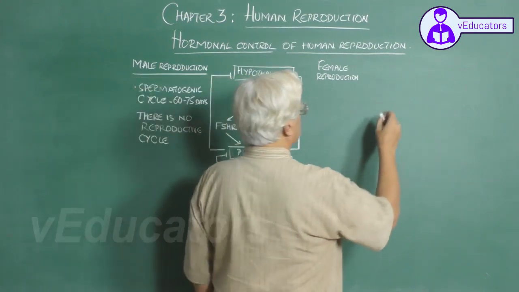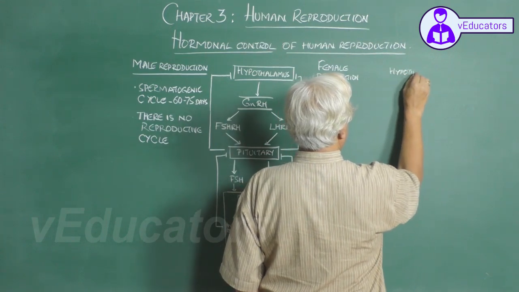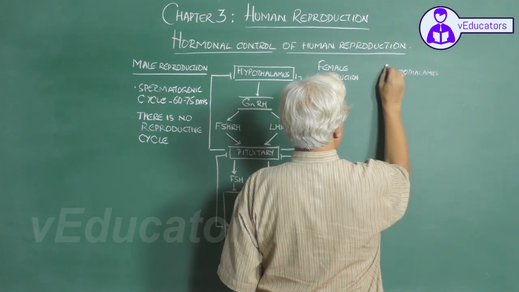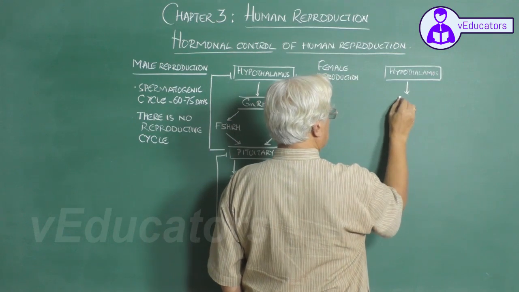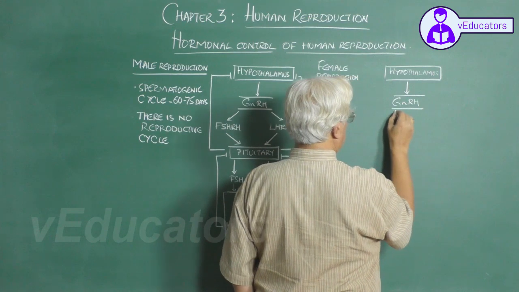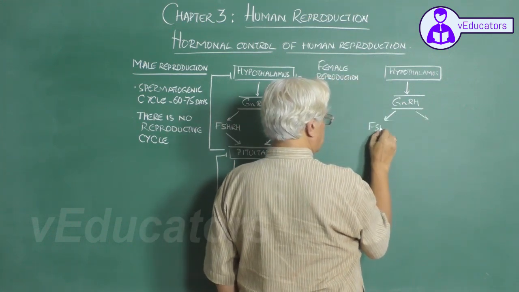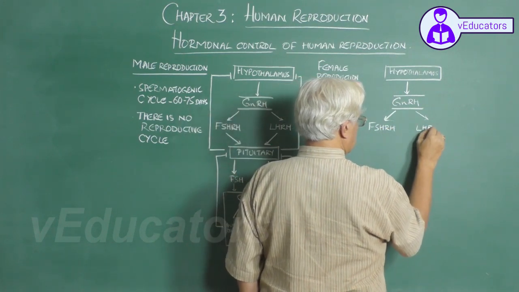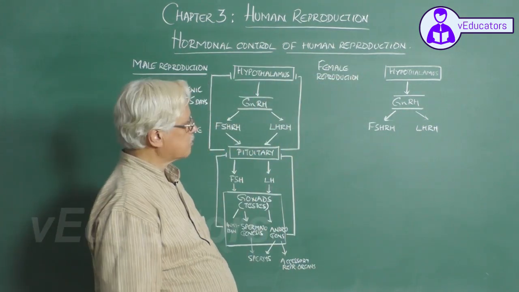Again, the hypothalamus producing GnRH, there is a follicle stimulating hormone releasing hormone and luteinizing hormone releasing hormone.